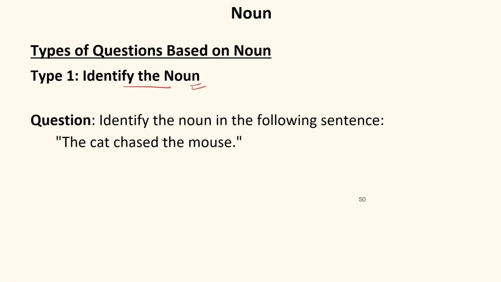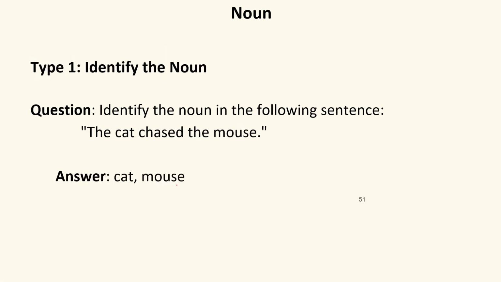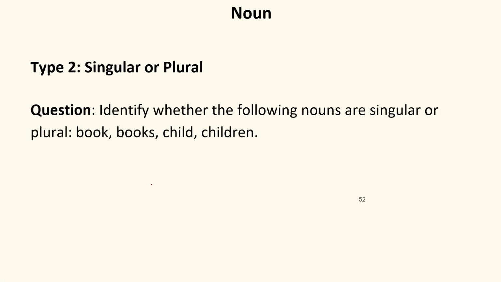Now, you have to identify which words in this sentence are nouns. We can see the words cat and mouse. Both of these words are nouns. So you can see here the answer: cat and mouse are nouns.